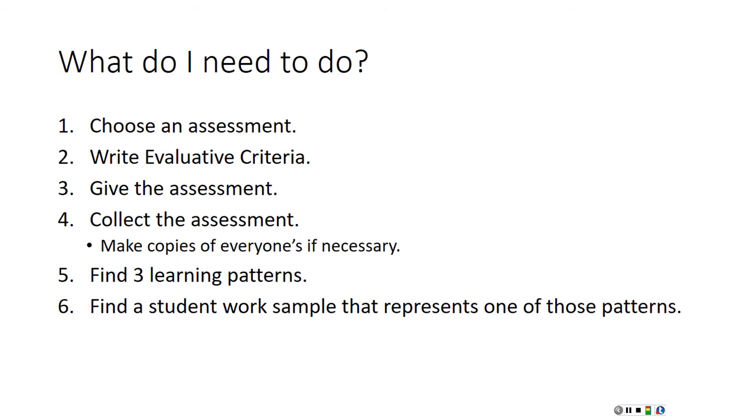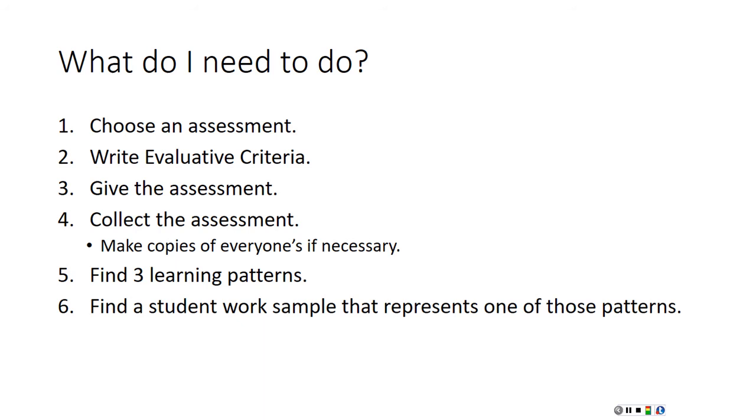Once you find these 3 patterns, so you've got pattern A, pattern B, pattern C, find a work sample that shows an example of pattern A. Find another work sample that is an example of pattern B, and find a third that's pattern C. That way you'll have a work sample that is an example of your pattern.